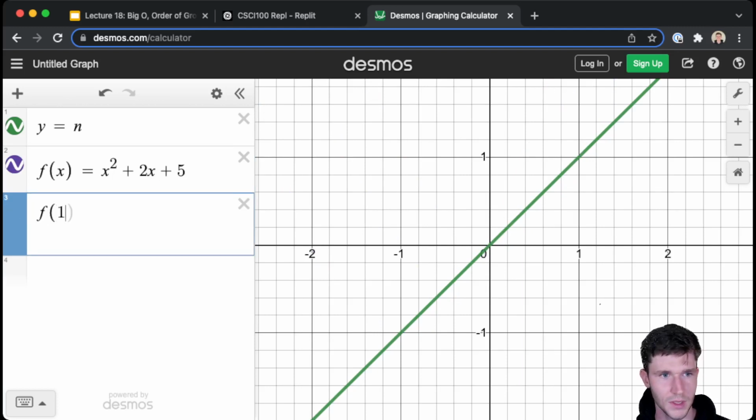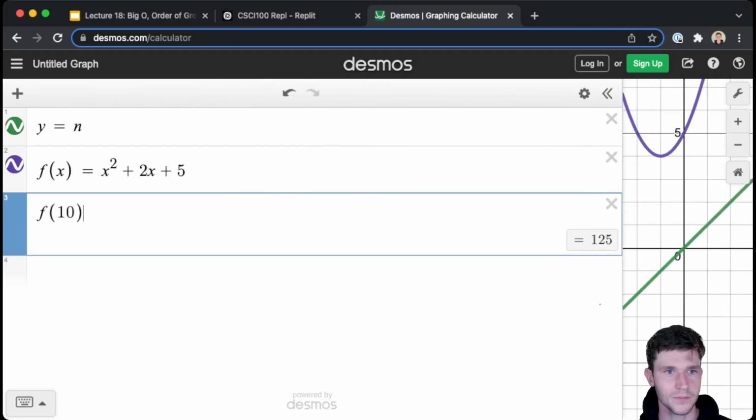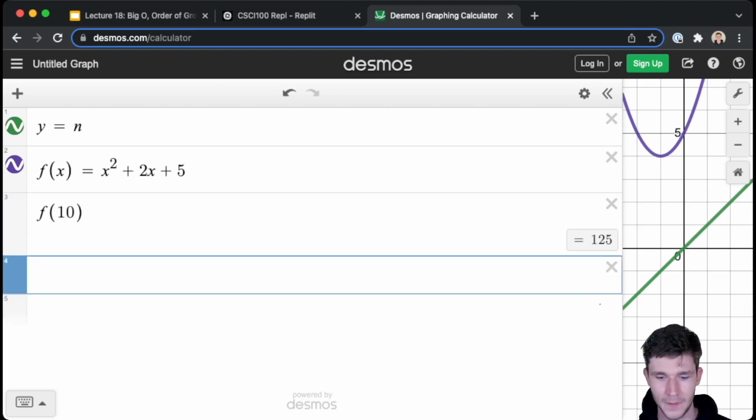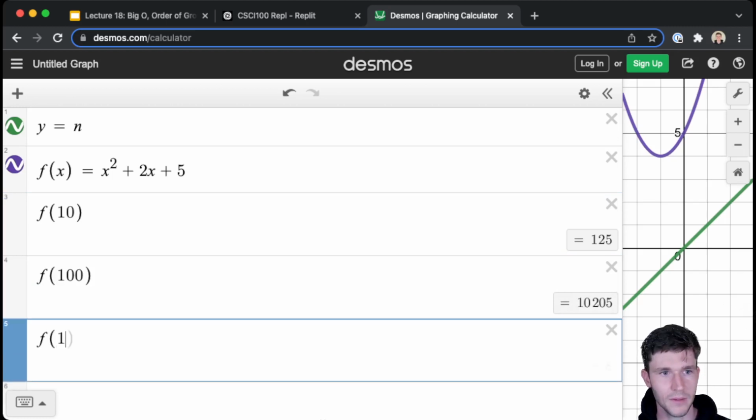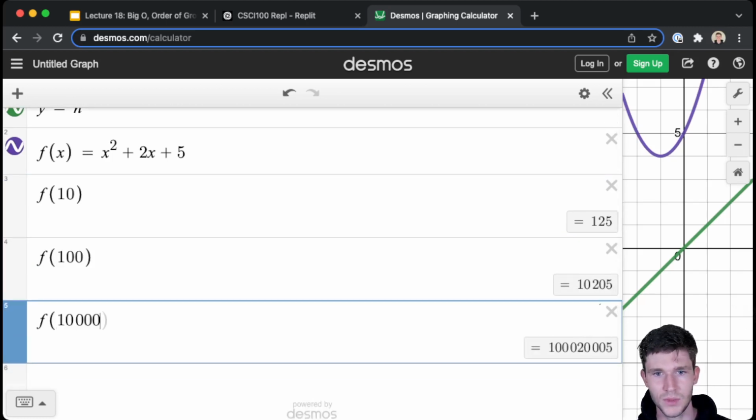We can take a look over here on the left. Ignore the graph for a second here. Let's just focus on these numbers. So f of 10 has a value of 125. F of 100 has a value of 10,205. F of 10,000 gets really big. It's 100 million.